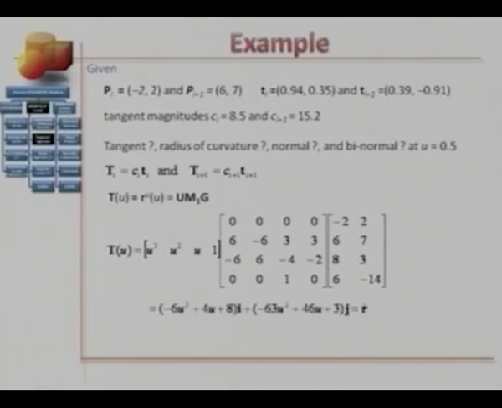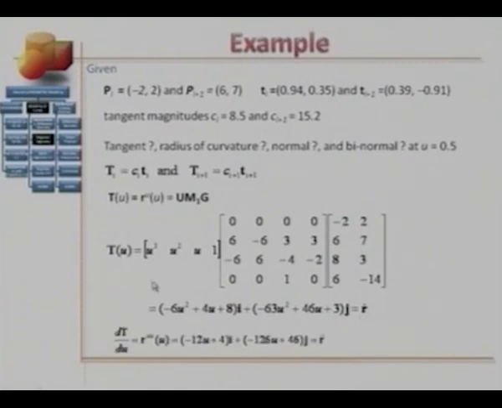If we work out the algebra, which is not very difficult, we will observe that T of u, the tangent at any point on the segment, will be of (6u squared + 4u + 8) times the unit vector i along the x direction plus (63u squared + 46u + 3) times j, and this is r dot.